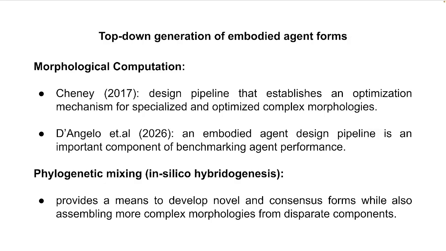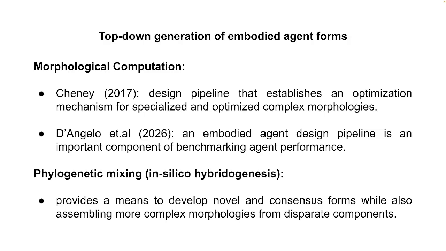Then D'Angelo et al. in 2026, this is a paper where they offer this design pipeline for embodied agents that allows us to build architectures that we can benchmark against one another. So it becomes an important component of benchmarking agent performance.